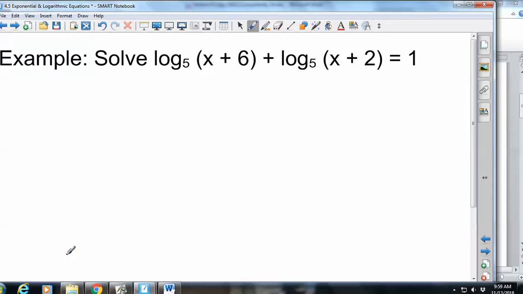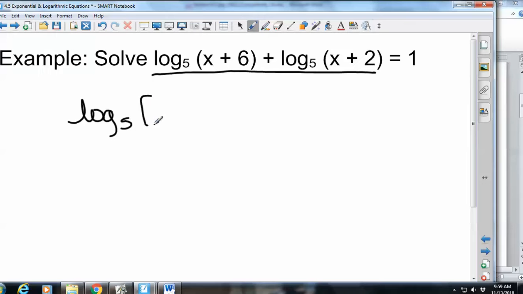Any ideas? Okay, if we have 2 logs added together, you can combine those into 1 by multiplying your arguments.